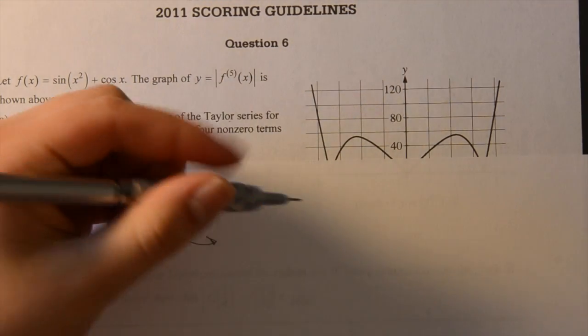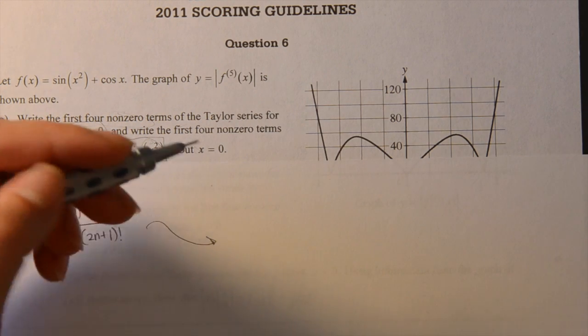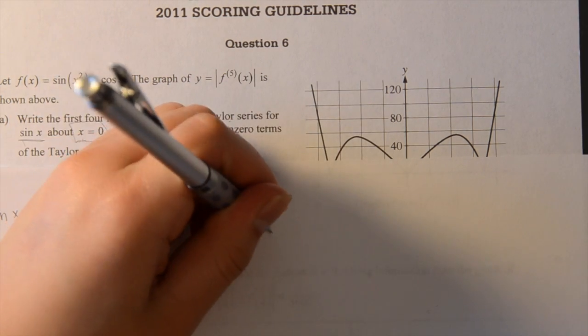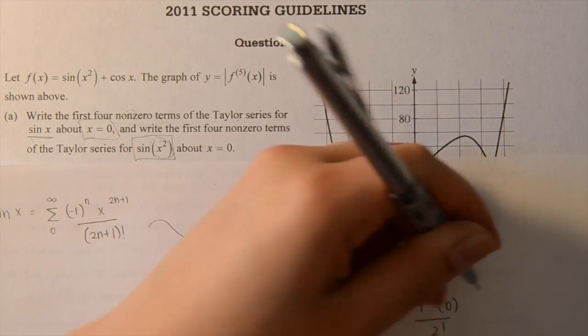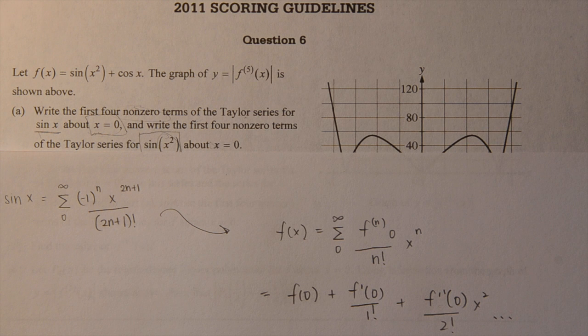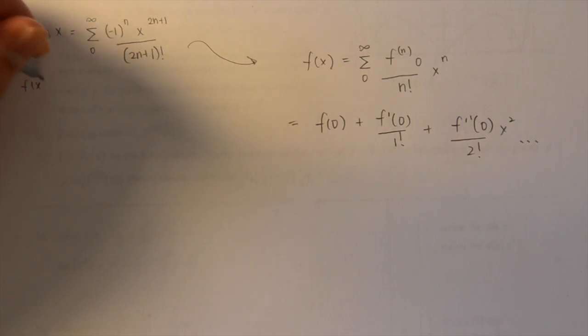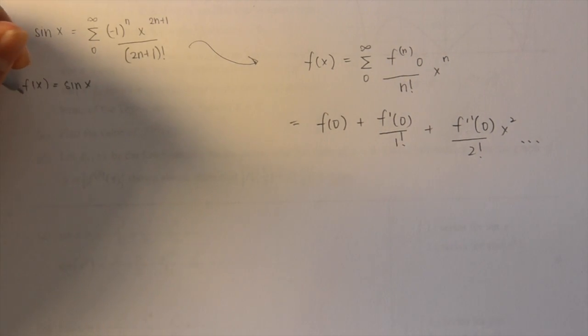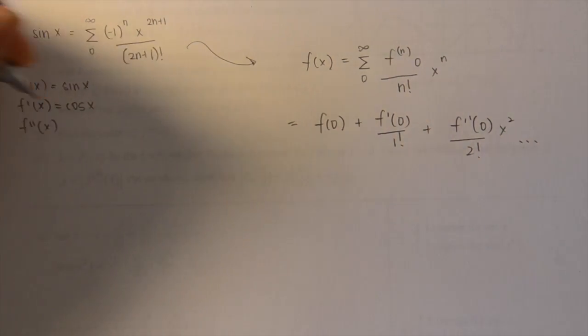We know that the Taylor series of the function f centered at 0 is the following equation. As a result, we can use this to help us derive sine of x. For example, f of x equals sine of x, first derivative equals cos, and so on.